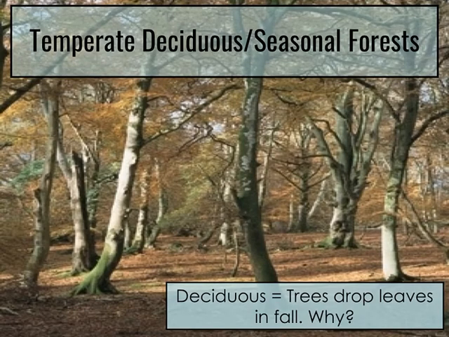Our next biome is called the temperate deciduous forest, or seasonal forest, and it's called deciduous, which means to fall, because here we see trees that drop their leaves. During the fall season, the leaves will drop, and that is a strategy these plants take to save energy.